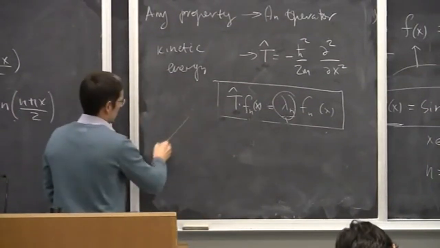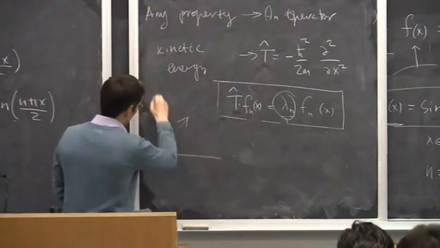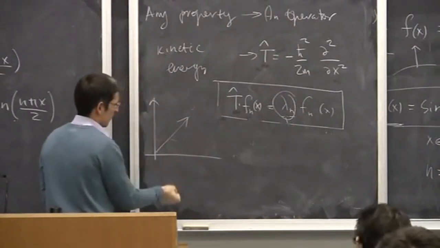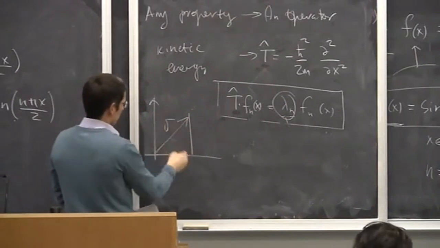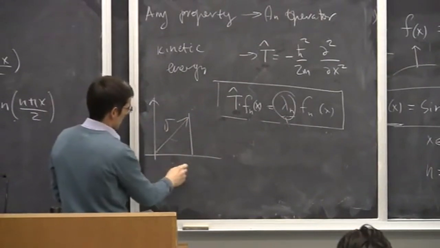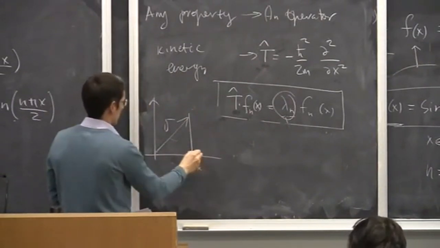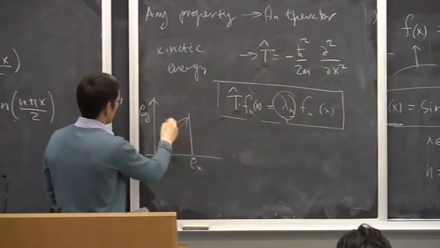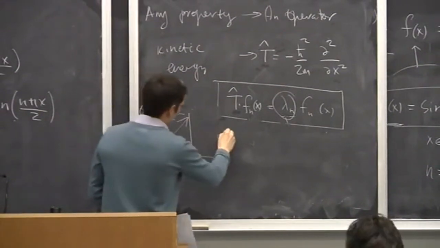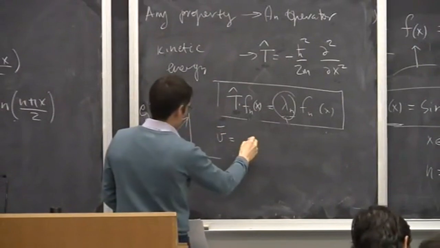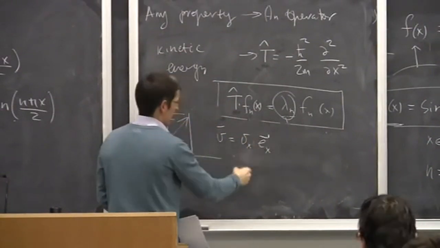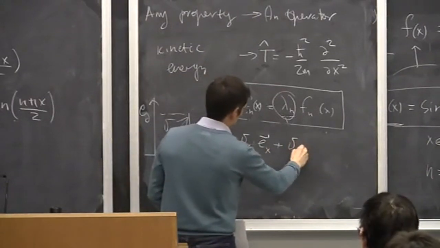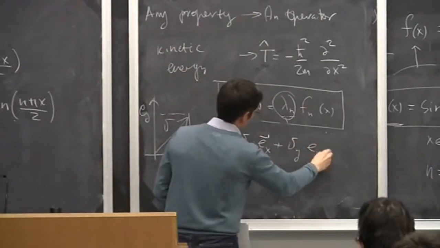If you have a vector and you have basis vectors, in order to find the coefficients of vector v, written in terms of e_x, e_y, what do we do? Vector v is, say, v_x times vector e_x plus v_y times e_y.